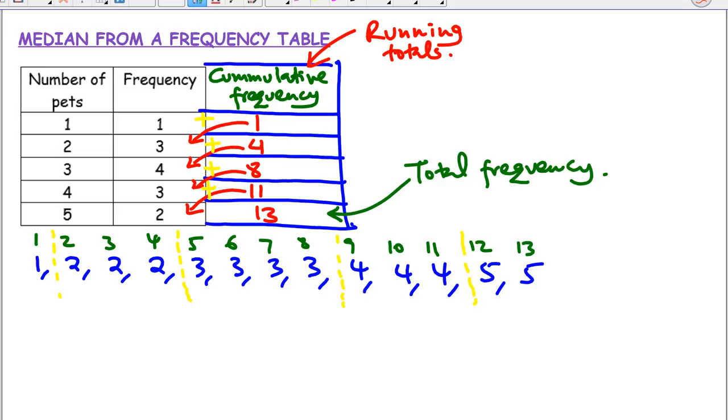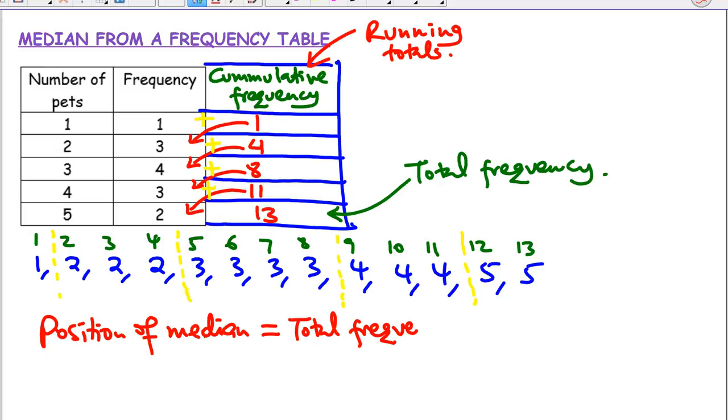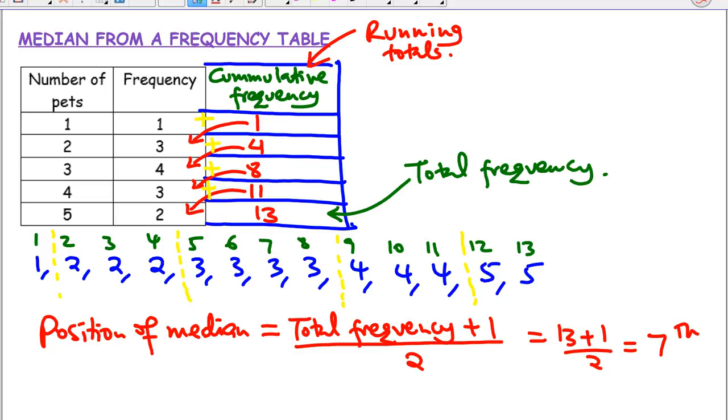So the position of the median will be equal to total frequency, which I have on the table, plus 1, divided by 2. That is 13 plus 1 divided by 2, which is the 7th position. So the median is at the 7th position.